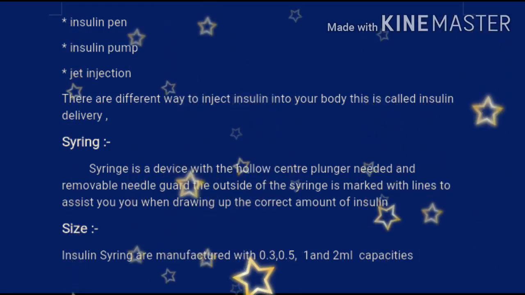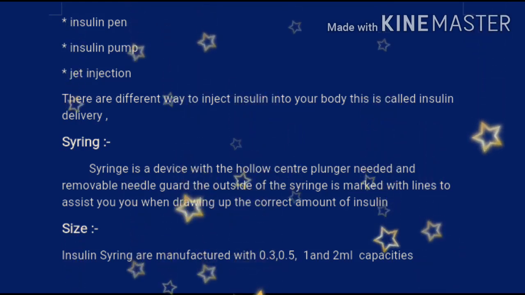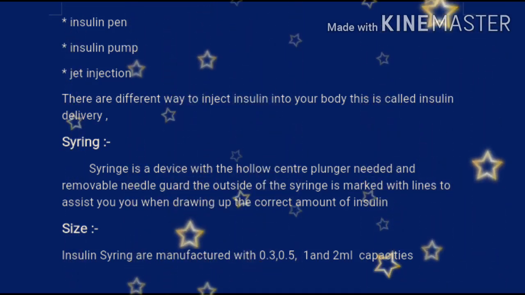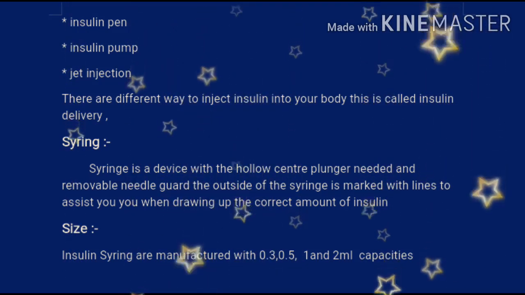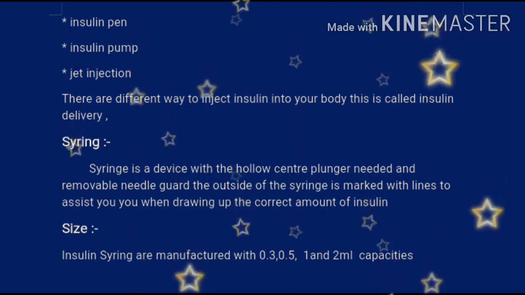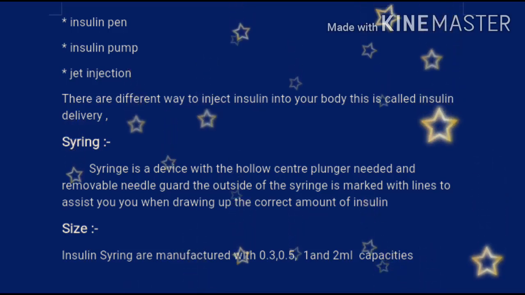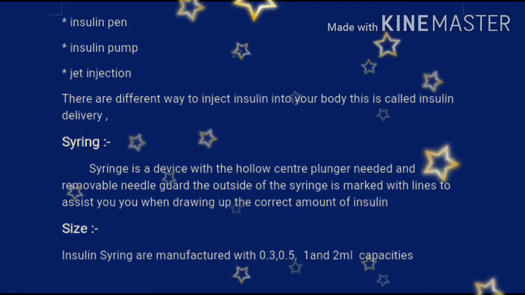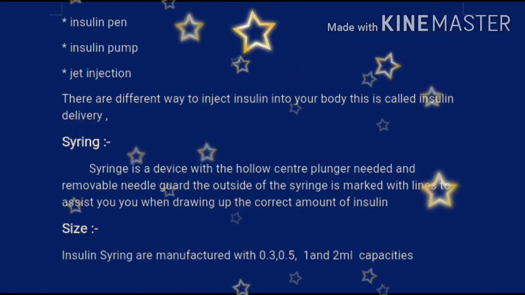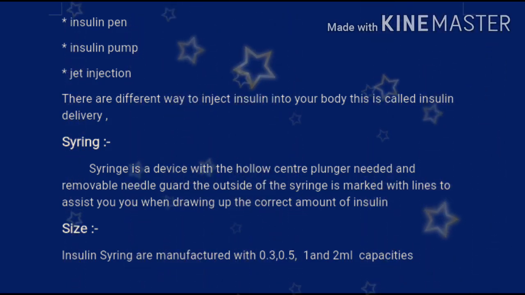The outside of the syringe is marked with lines to assist you when drawing up the correct amount of insulin. Then sizes of insulin syringes. Syringes can be manufactured in various sizes, that is 0.3 ml, 0.5 ml, 1 ml or 2 ml according to their capacity.